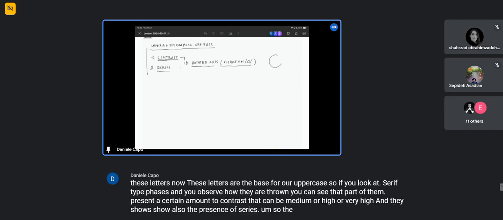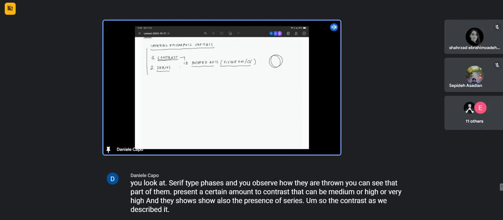So the contrast, as we have described it, is the difference between thin and thick.